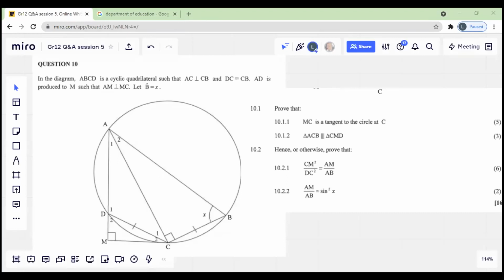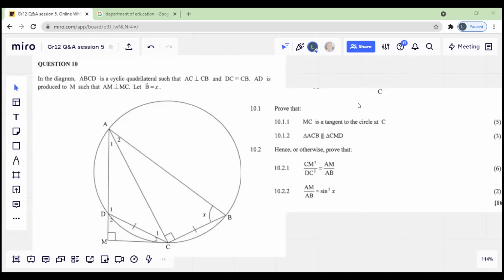The whole angle C is equal to the whole angle B. If we want to prove that MC is a tangent to the circle at C, then angle C2 would be the angle between the so-called tangent, which would be MC, and the chord DC, which subtends A1 at the circle.